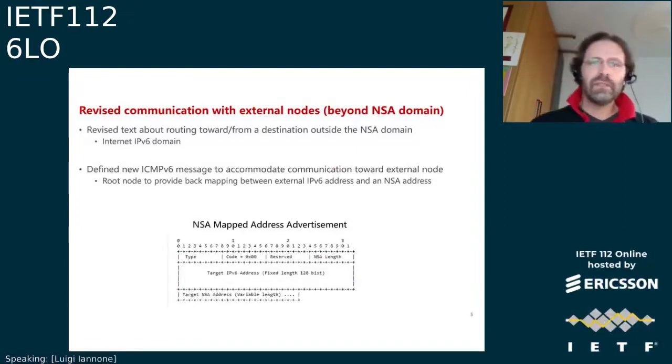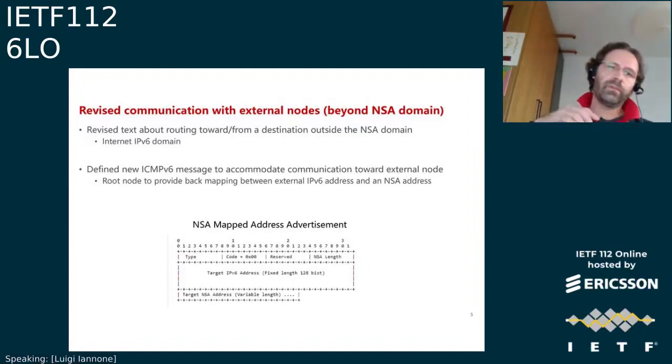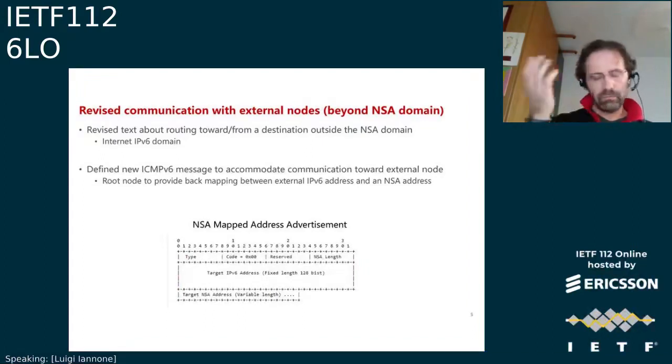We revised a little bit the communication with external nodes. So when we go beyond the root of the tree that NSA is building, and we want to communicate with an IPv6 destination, there is an important distinction to be made. One is when someone external wants to contact a certain node.